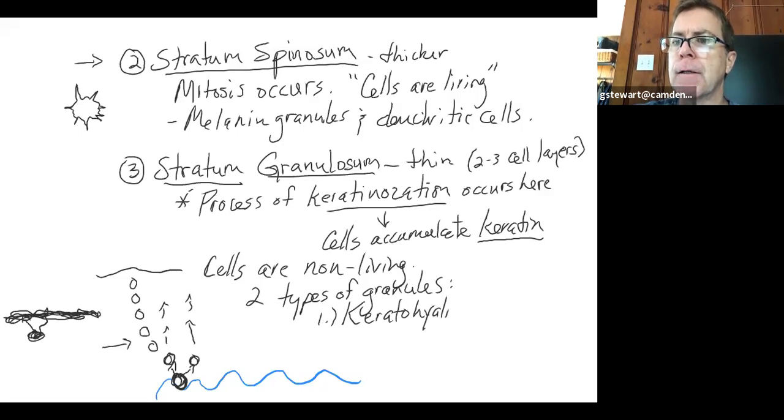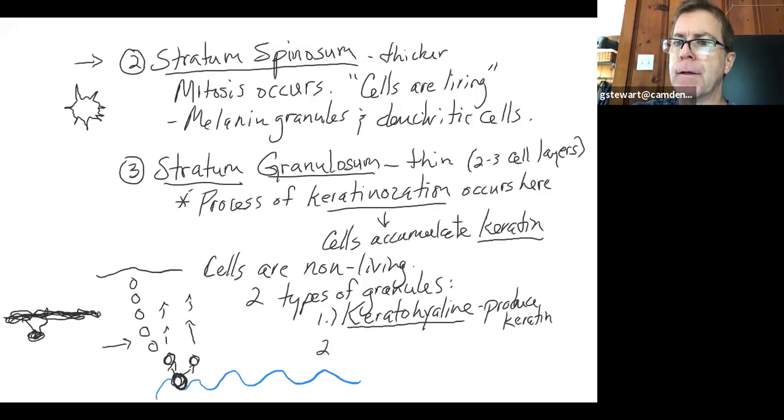Remember, hyaline cartilage gets its name because these are very tough granules, hard and tough. They help form more keratin as the cell migrates toward the top of our skin. So keratohyalin granules, just put produce if you want to remember, they just help with the keratin production.